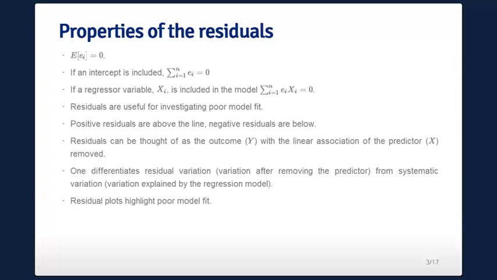One way we can think of residuals is that they're the outcome y with the linear association of the predictor x removed. So you might think of it as y adjusted for x, the phrase that's often used. But what it means is adjusted for the linear association with the predictor x. If there's a nonlinear association, we haven't gotten rid of that.